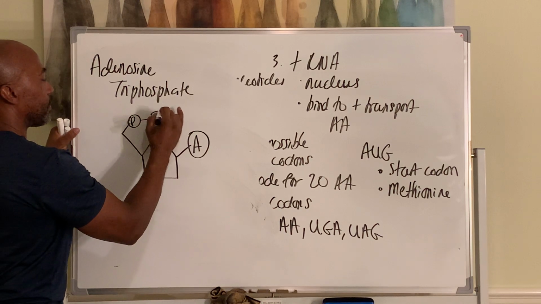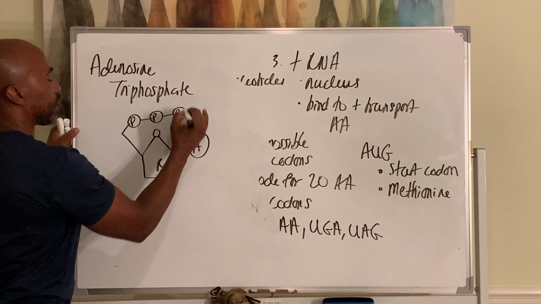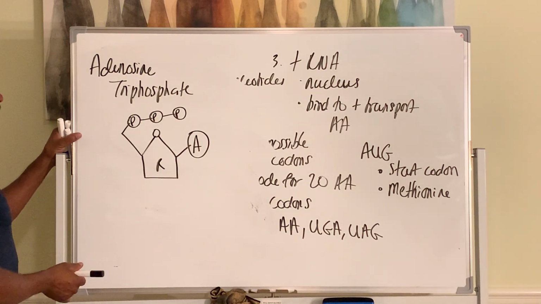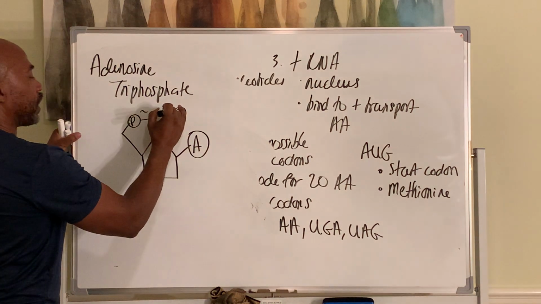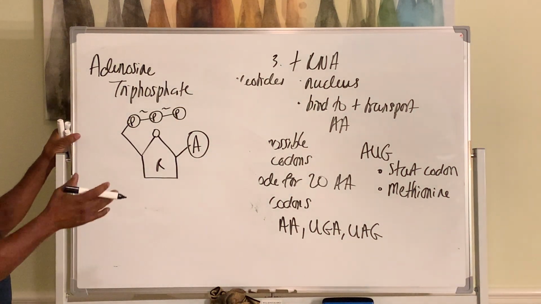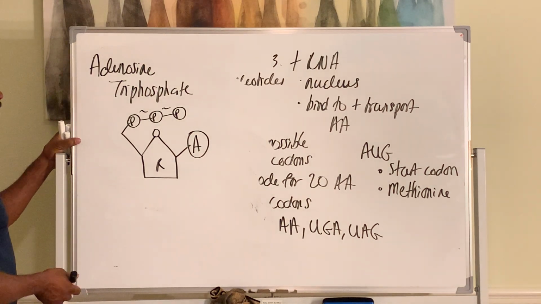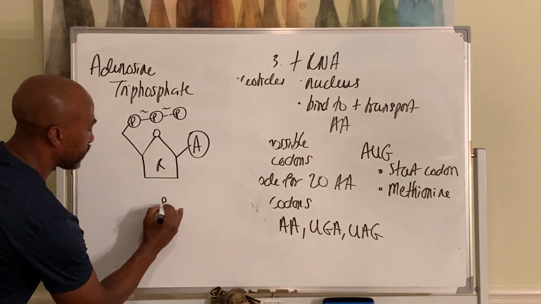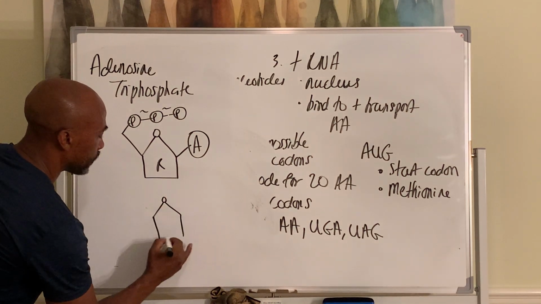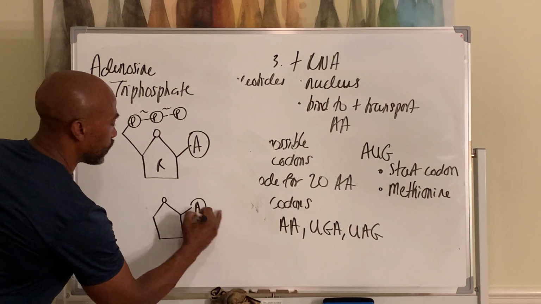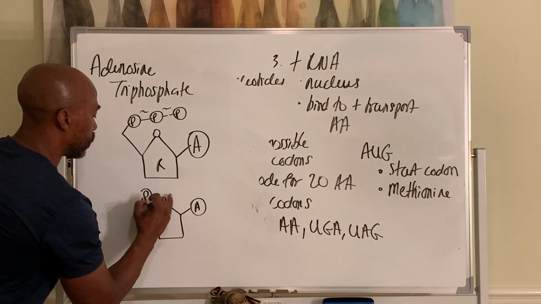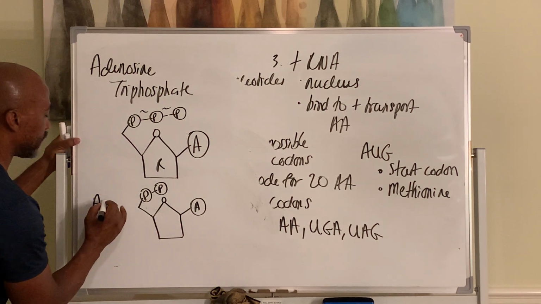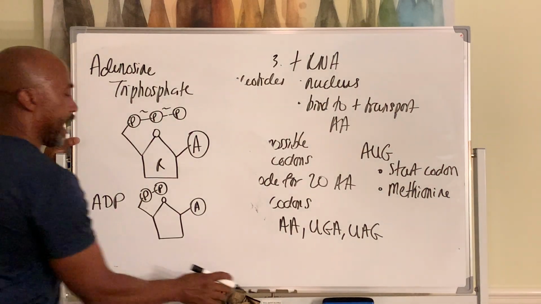Attached to carbon number 5 are 3 phosphates: 1, 2, 3. So that's called adenosine triphosphate. These are high energy bonds. When they break, they release energy that's used to do work inside the cell. When you take off one of them, you're left with just 2 phosphates, and this is called ADP, adenosine diphosphate.